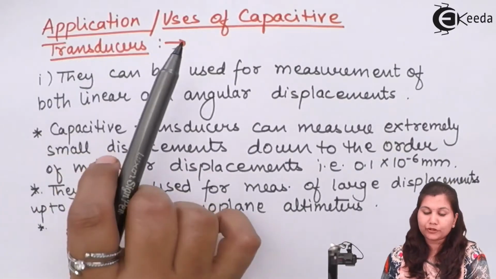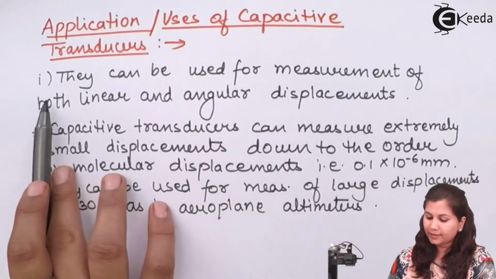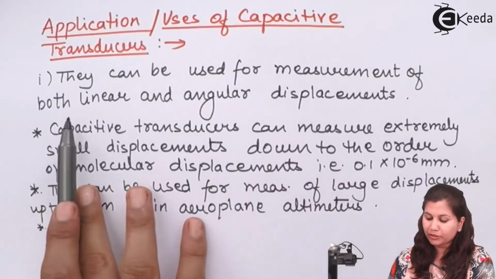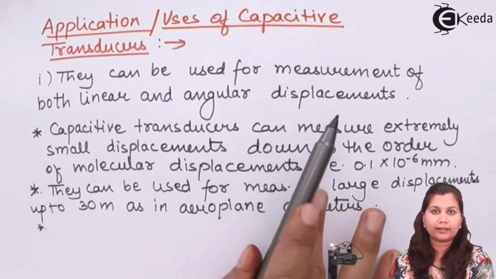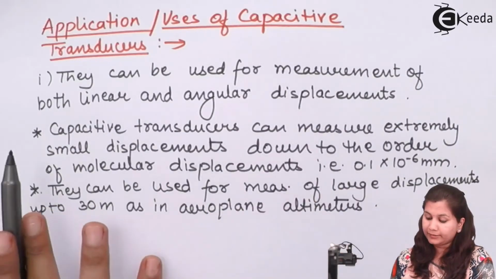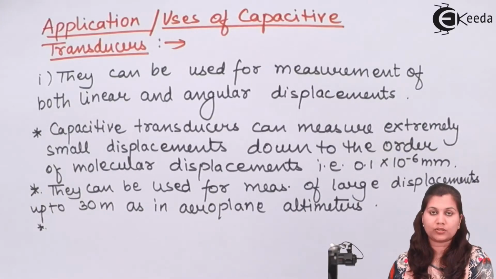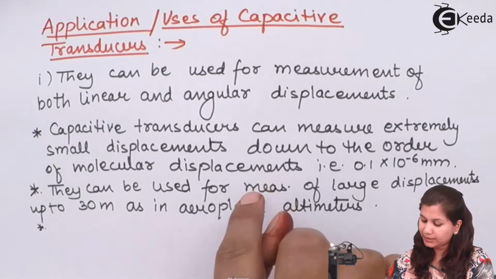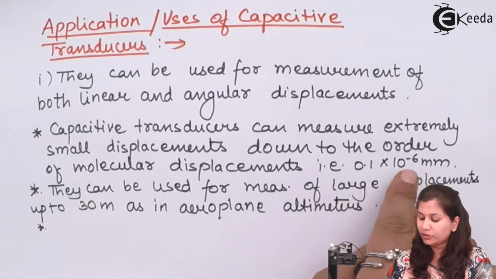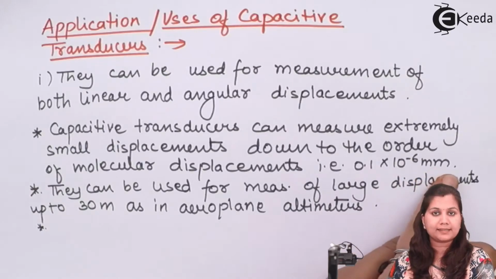The first application of capacitive transducers is that they can be used for the measurement of both linear and angular displacements. The capacitive transducers are very sensitive transducers, so they can measure extremely small displacements, which are of the order of molecular displacements, that is 0.1 into 10 raised to the power minus 6 mm.